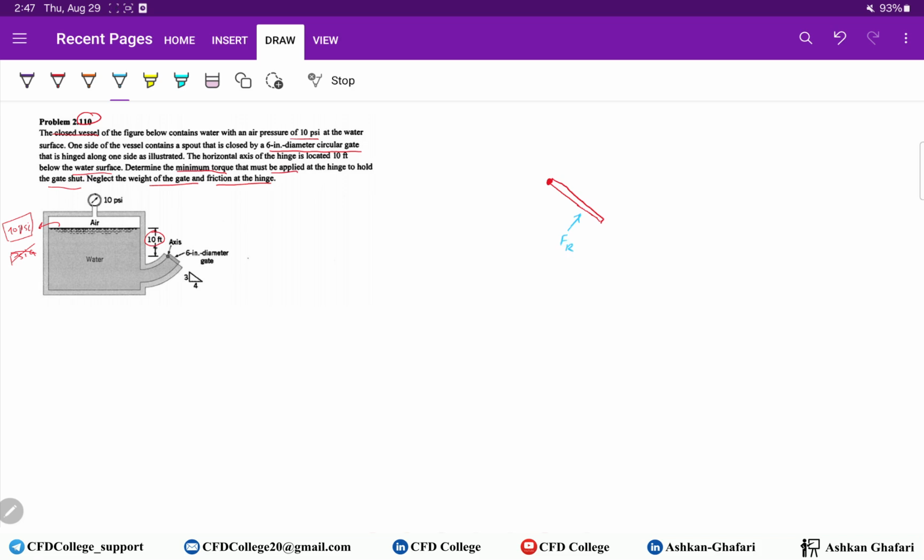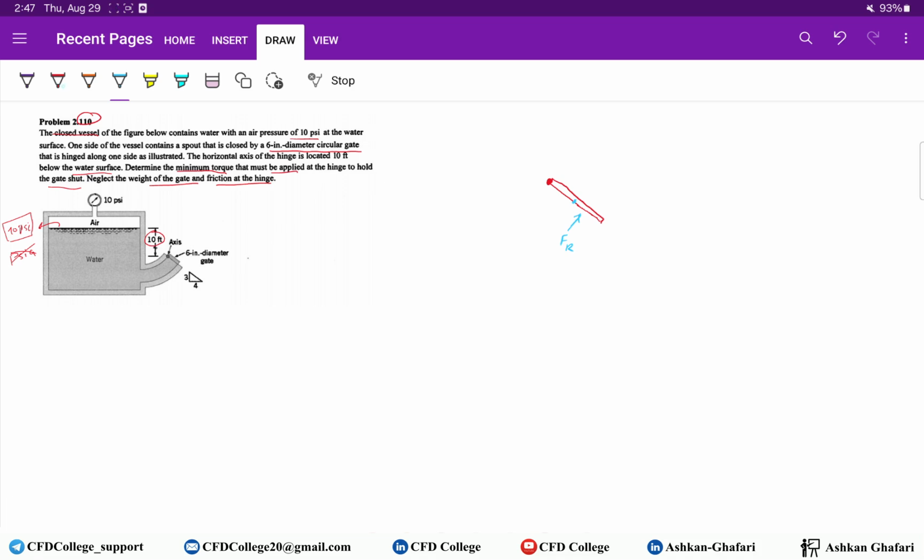You know that it's due to water. It's kind of a hydrostatic force, which is not acting on the centroid of the gate. You know why? Because we have a linear pressure profile, and you know that.